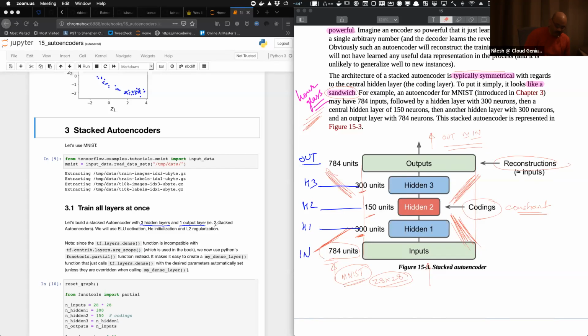We have 2 stacked autoencoders. We will use ELU activation, He initialization and L2 regularization. Those techniques will be incorporated in this example.